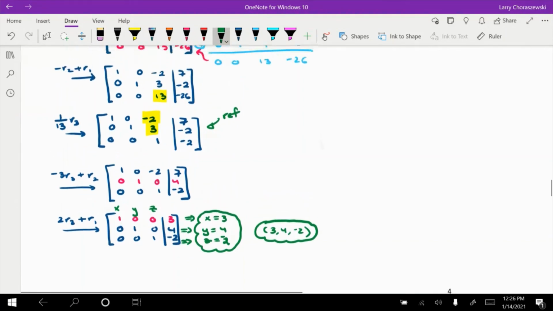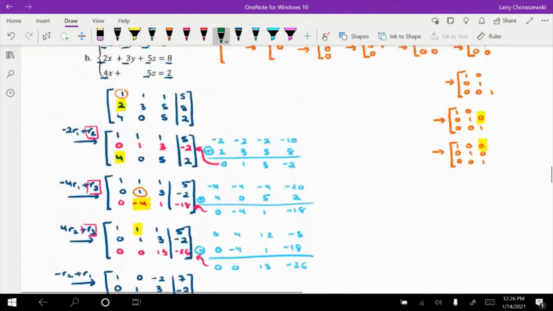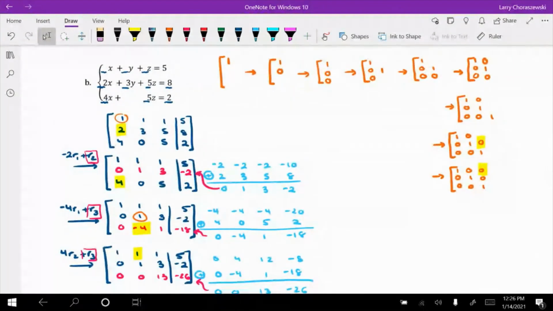Yeah, no problem. So maybe what I have in orange could even help as well. When we get to this point right here, where we have the leading ones and the zeros underneath, that's when we have put a matrix into REF format.